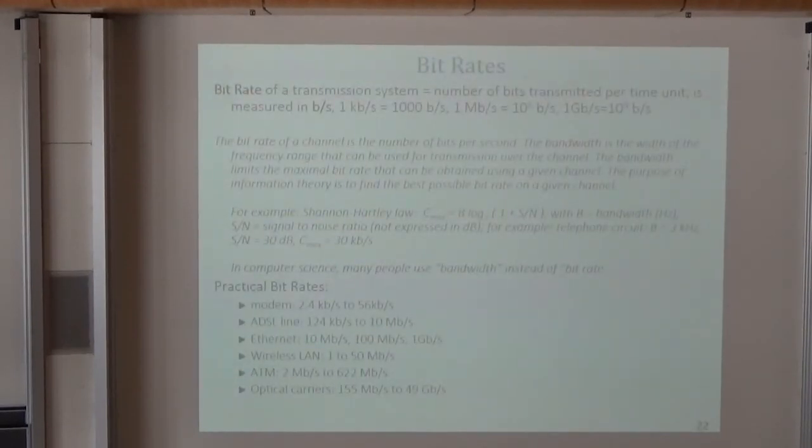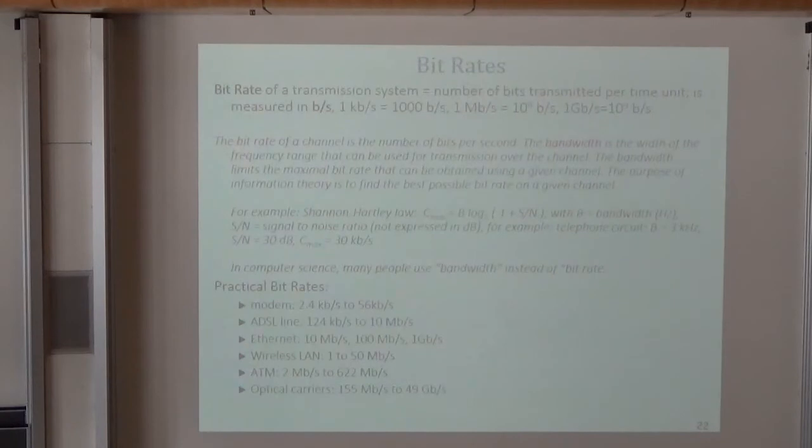What is visible for us of the physical layer is a few parameters. One of them is the bit rate. The bit rate is how many bits per second a given physical layer is able to carry. It's very often called the bandwidth in computer science literature. But if you are interested in physical layer technology, this is not the bandwidth.